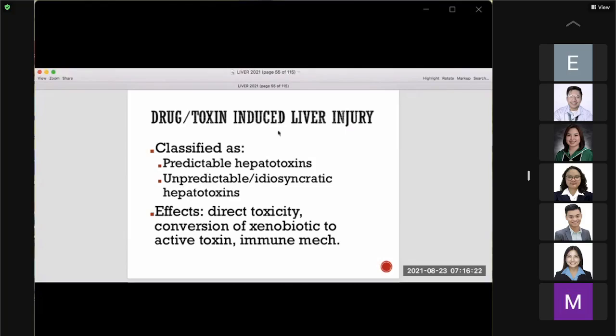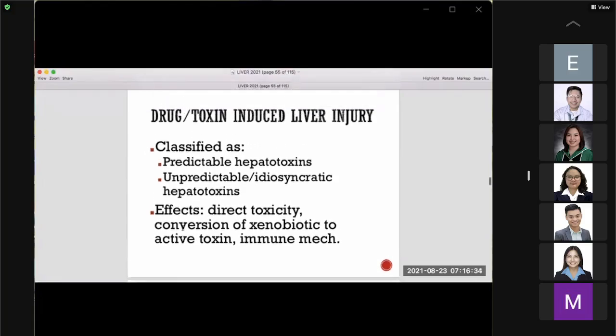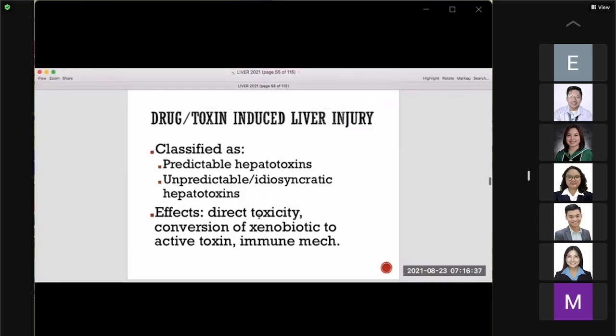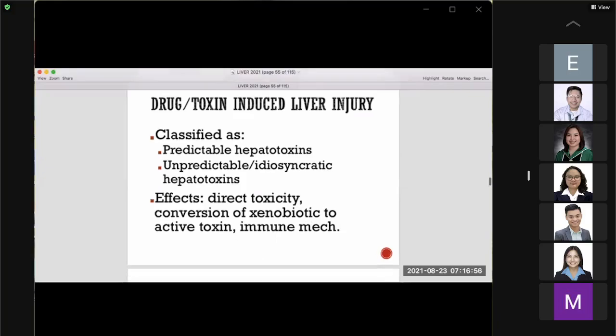So patients will suffer liver injury from unusual substances not considered hepatotoxic. So effects would be either direct toxicity, the toxin or the drugs can directly affect or destroy the liver cells, or they can be converted into an active toxin. There can also be an immune mechanism involved here.